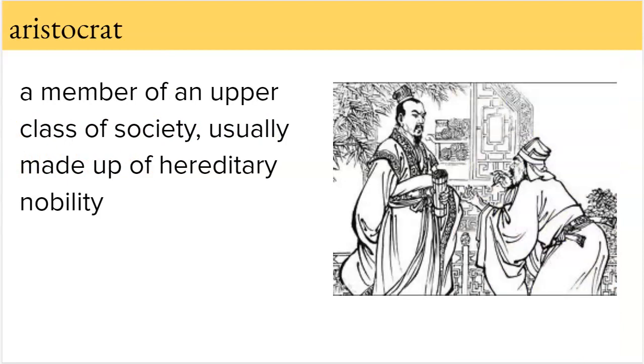Aristocrat, a member of an upper class of society, usually made up of hereditary nobility. That word hereditary is a vocab word that we'll look at in a moment, but this means that somebody's social status is received from their parents, similar to what we saw in ancient India, where you were born into the class of your parents. Same thing with the aristocrat, and this is a word for the upper class.